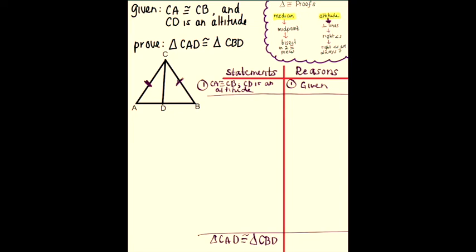So let's do that. We're going to say that line segment CD is perpendicular to line segment AB. And we know this because of the definition of altitude.